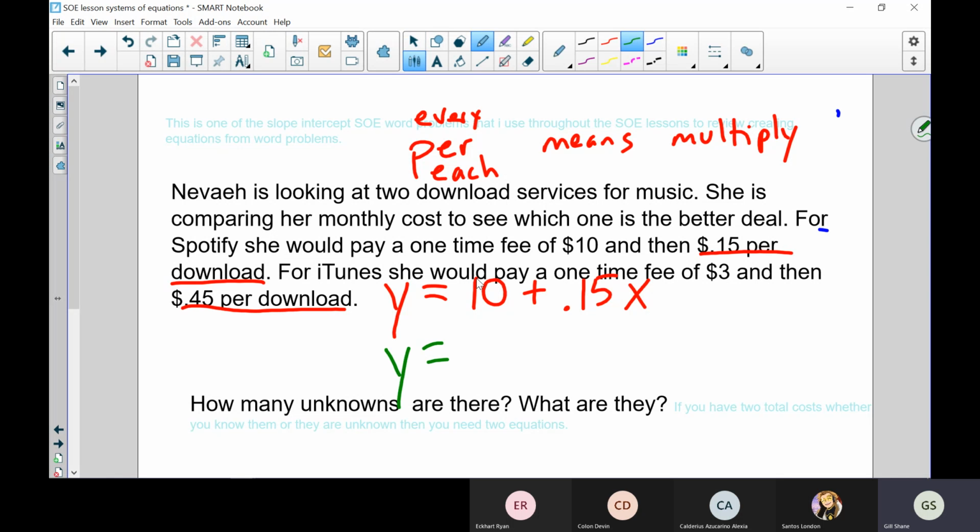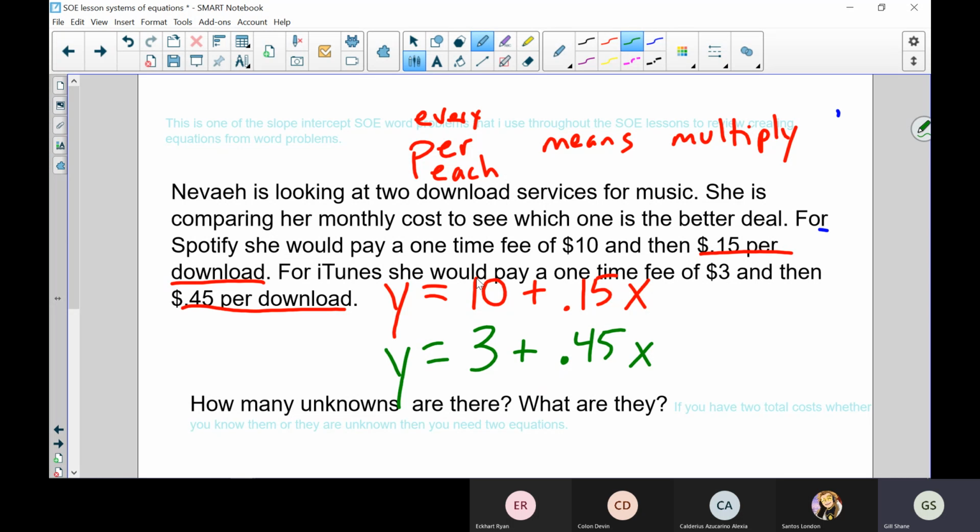What's my starting number for iTunes? 3, right? Hopefully you're just copying, which is fine. I'm then going to add to the 3 more money as I download. So I'm going to add to that 45 cents. Again, per means times, and then download is the X. So I'm going to take the 3, and then as I download, I'm going to add more money to it based on the number of downloads.